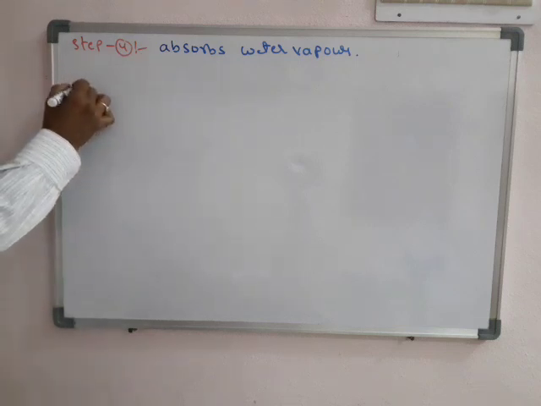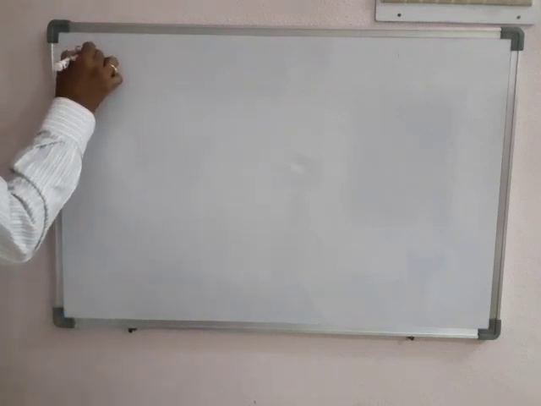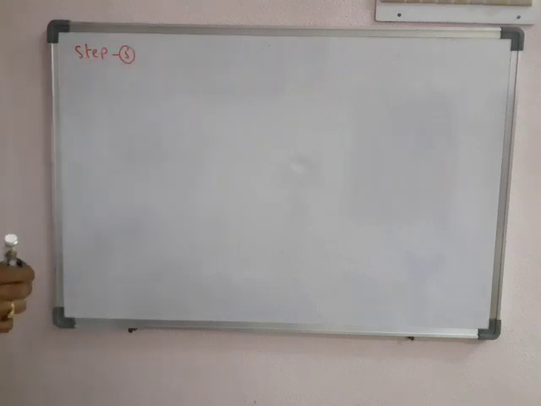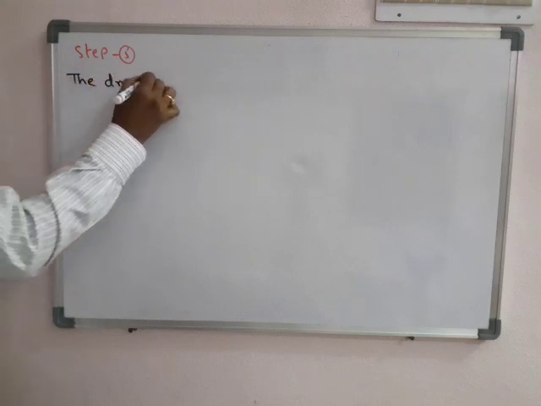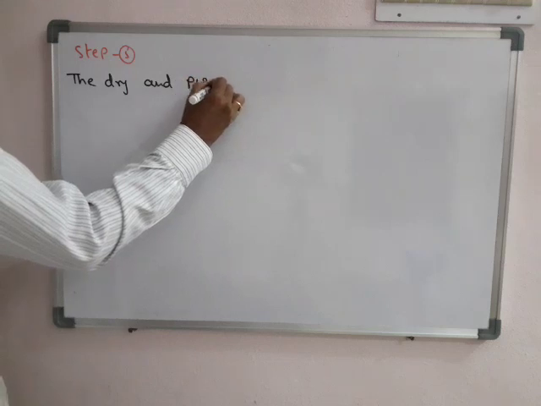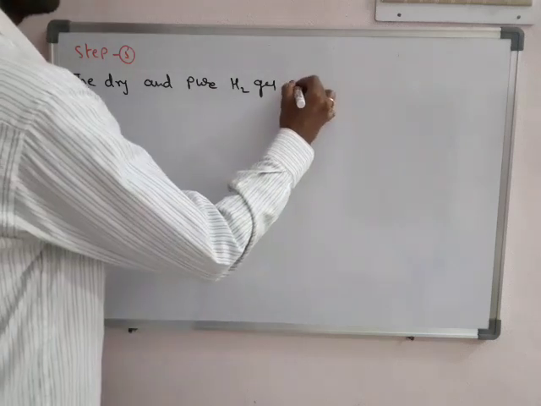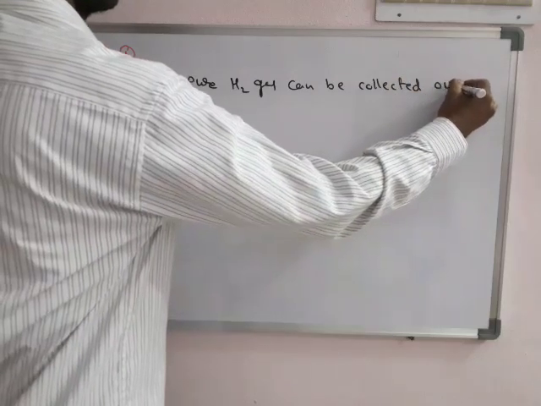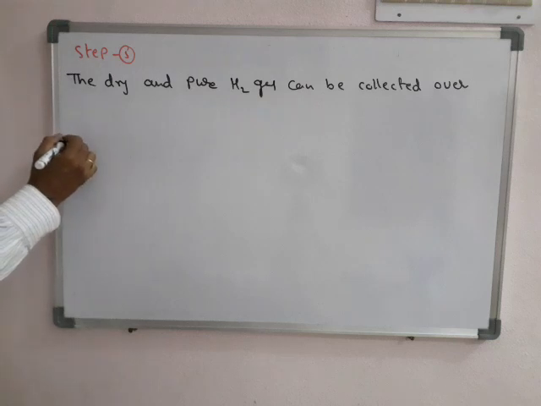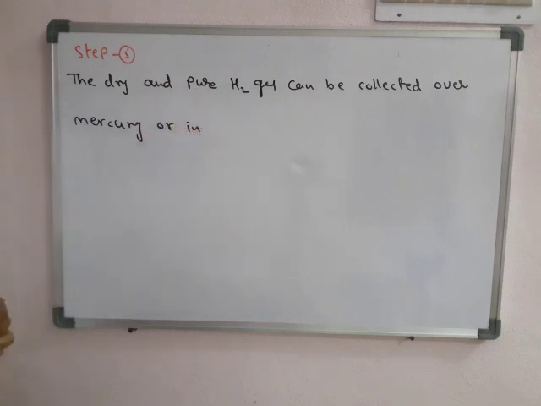So at last we can write the last step as step 5: the dry and pure H2 gas is collected over mercury in any evacuated flask.